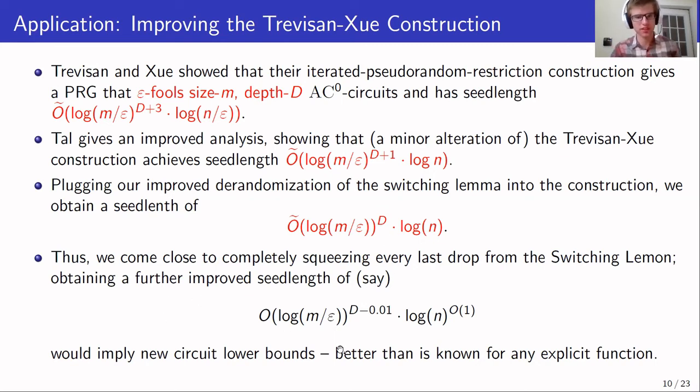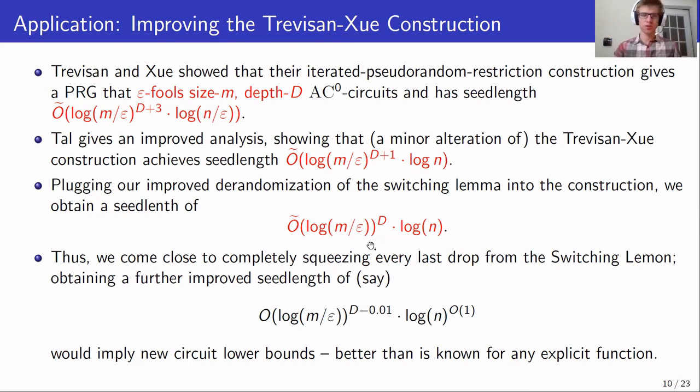The reason I say that is, if you were able to obtain a further improved seed length, just slightly improving the dependence on m/epsilon, this would imply new circuit lower bounds. It would be a breakthrough result in circuit complexity. In particular, you really don't expect to get this just from taking the switching lemma, putting it in a box, and getting something out which is better than the switching lemma. In that case, it's likely that the thing doing all the work is inside your box. So that's the story here: we are really getting basically the best pseudorandom generator you can get.